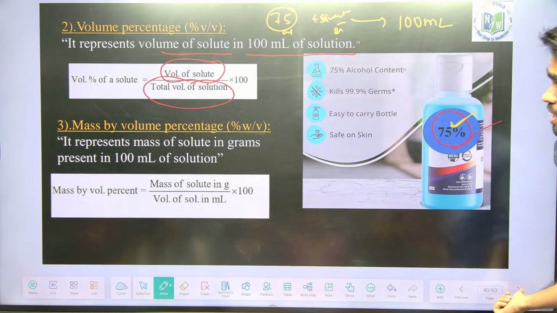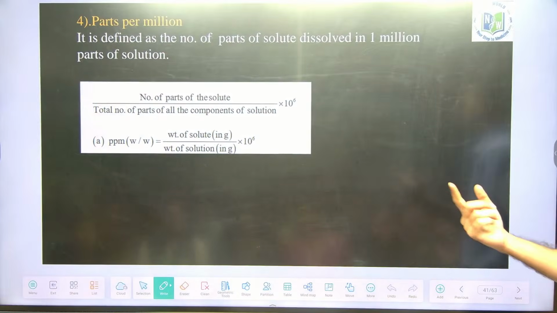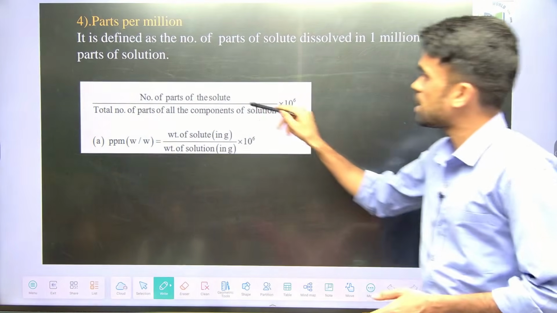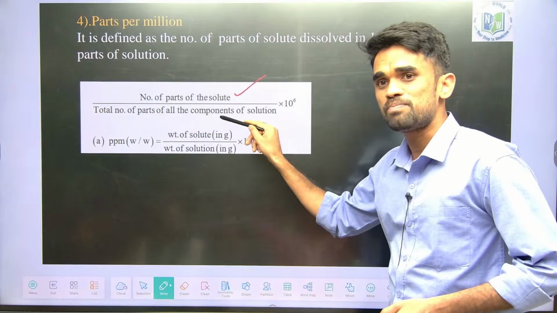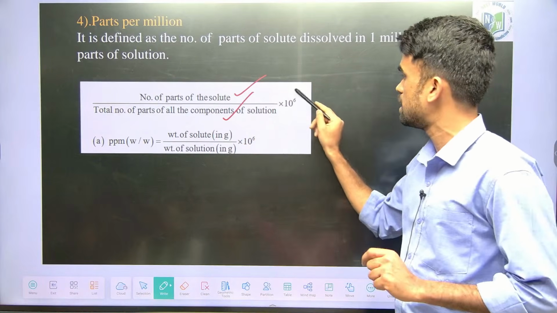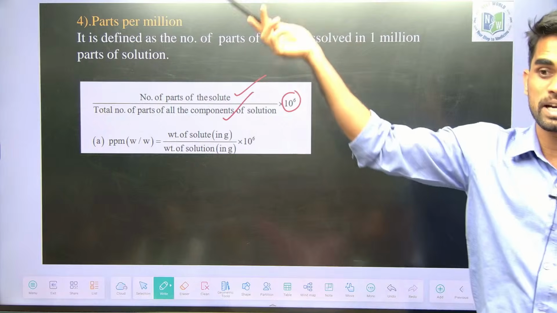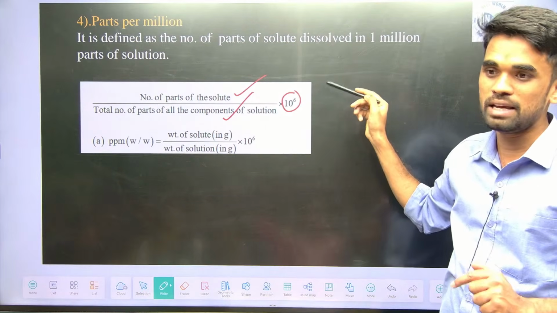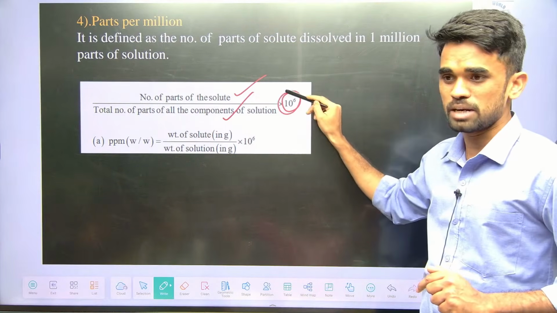Okay, that's next. Parts per million. It means the number of parts of solute by the total number of parts of solution, into million, which is 10 power 6. There it is percent, here it is per million. Million means 10 power 6.